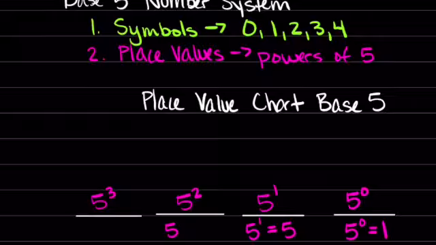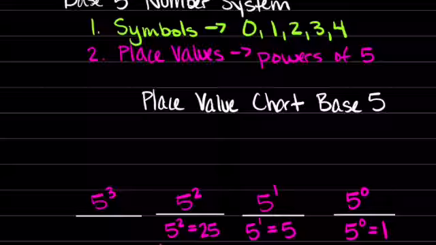We have 5 squared, okay? That is like 5 times 5, which is 25. And that is the name of this place value. It is the 25's place value. We have 5 groups of 5 here. Then we have 5 to the third.